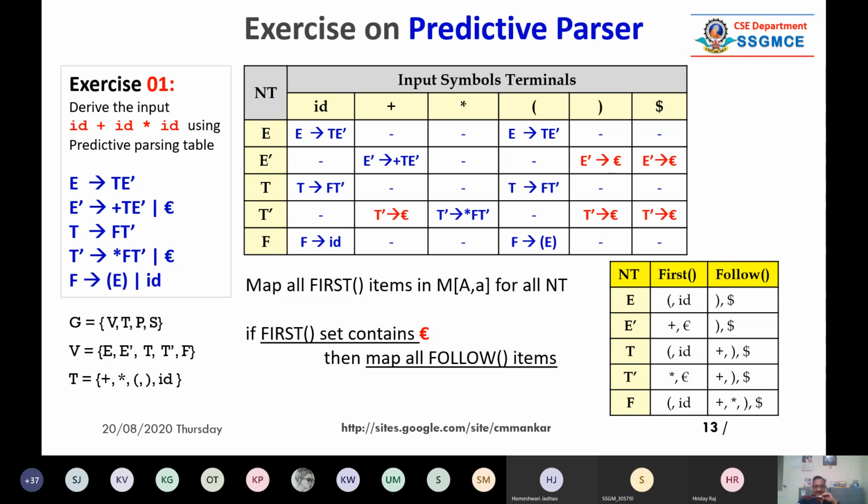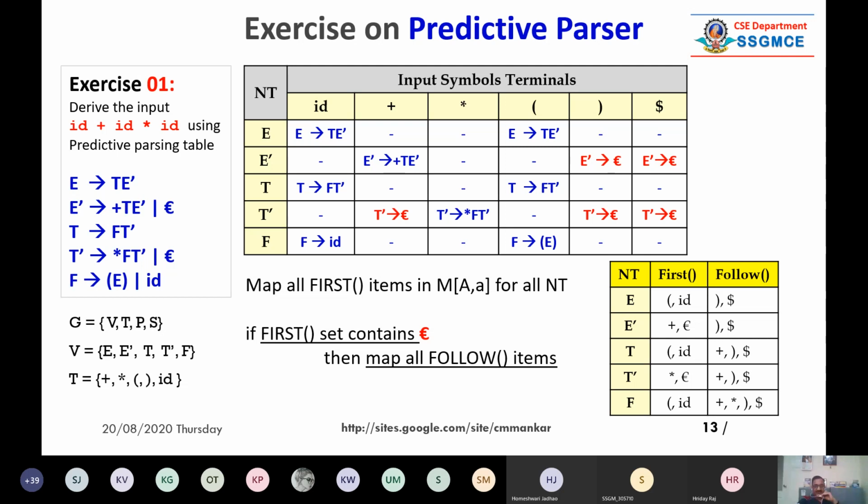But if you think about E dash, the first set contains plus and epsilon. See, this is the rule: if there is epsilon in the first set, then you have to map the follow items. The follow items are closing bracket and dollar. So we are mapping. See, E dash has 2 production rules. One is leading to epsilon and one is leading to some other production rule, like E dash giving you plus TE dash.